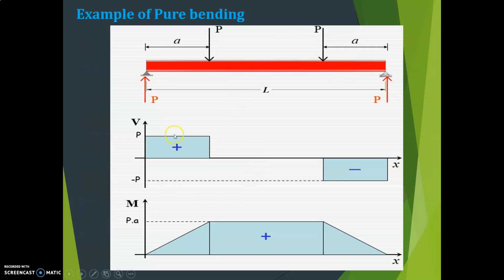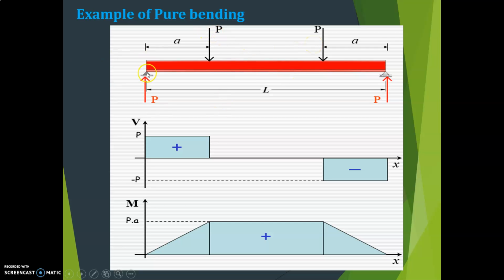We can see this example, a simply supported beam. Here this is RA and this is RB, simply supported beam AB, and it is subjected to two point loads P and P, which are at a distance of a from the left support and a from the right support. All of you know now how to calculate the reactions, so I have not shown the calculation. When you consider sigma V equal to 0, that is vertical forces equal to 0, RA plus RB is equal to P plus P, that is equal to 2P.